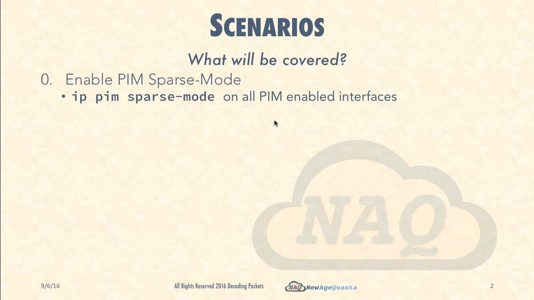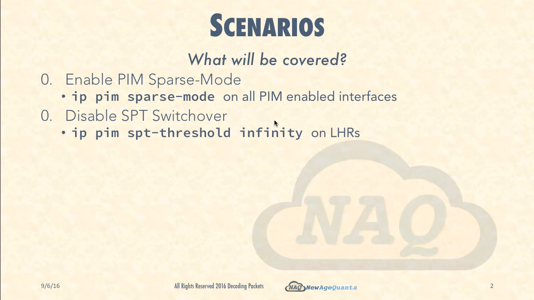So that was one part of it. PIM Sparse Mode should be enabled everywhere right now. The other part would be to disable the SPT switchover. So on the very last hop routers, in this case R5 and R6, we would go ahead and disable PIM shortest path tree switchover, and the way it's done in Cisco is you just raise that SPT threshold to infinity.